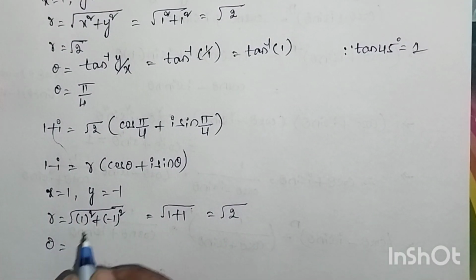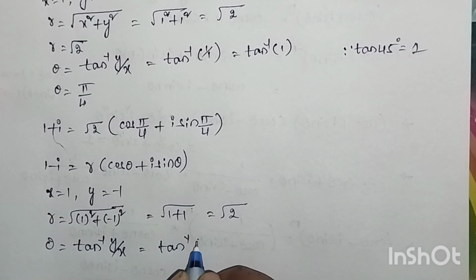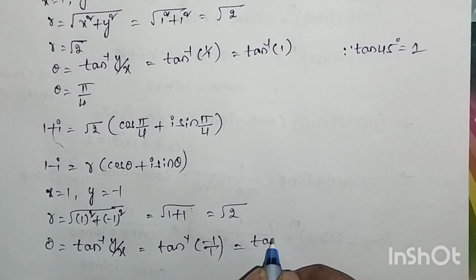So now we can find the theta value. Theta is equal to tan inverse y by x, that is tan inverse of y is minus 1, x is 1, that equals tan inverse minus 1.